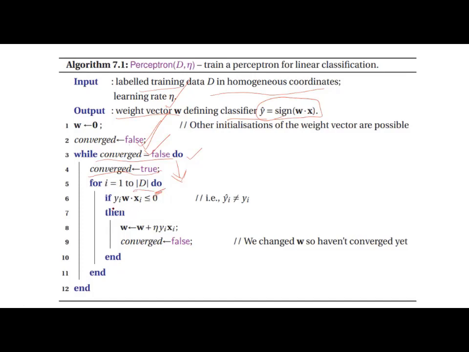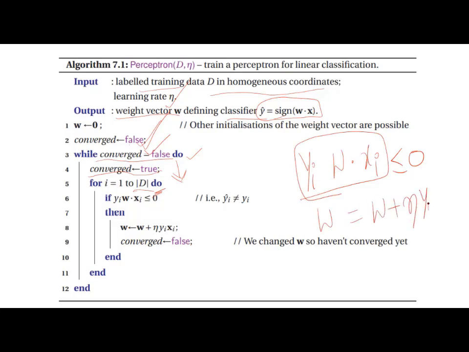If yi into W into xi is less than or equal to 0, then W is equal to W plus η yi xi.